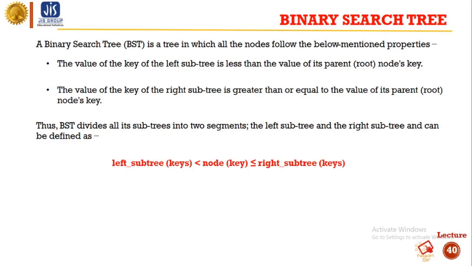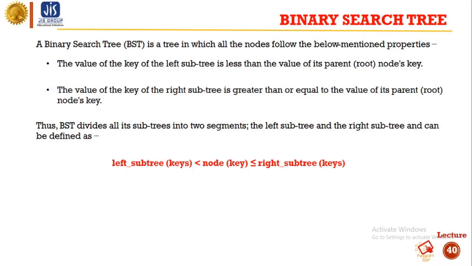So we can say that a binary search tree is a node based binary tree data structure, which has the following properties. The left subtree of a node contains only nodes with keys lesser than the node's key.